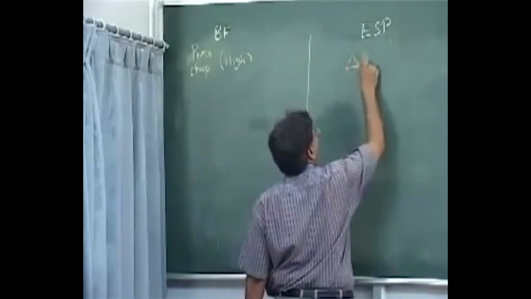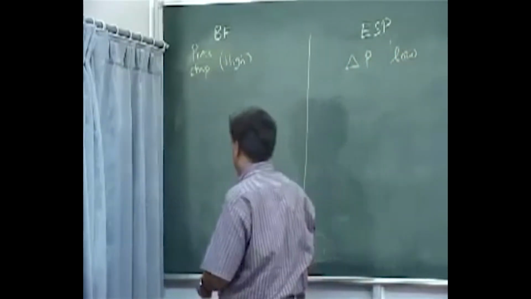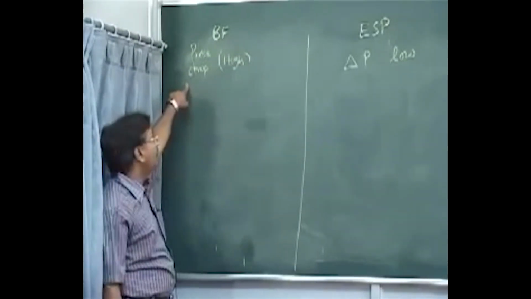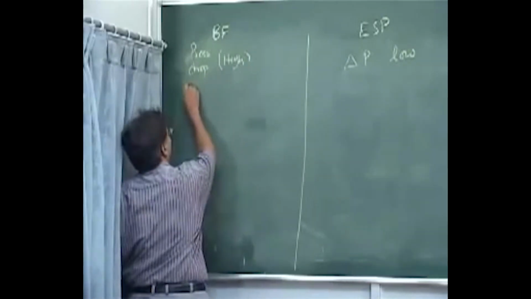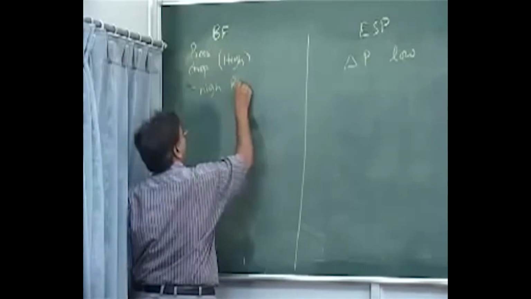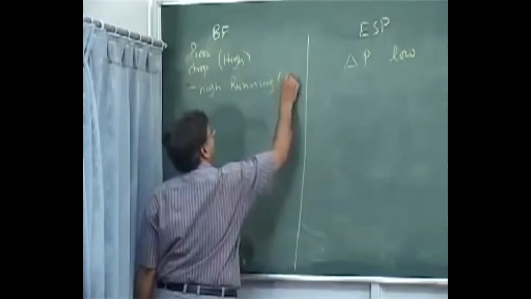Delta P is low. What does it mean in terms of the cost? High running cost, because I have to put in the blower. So we say, well, high cost.